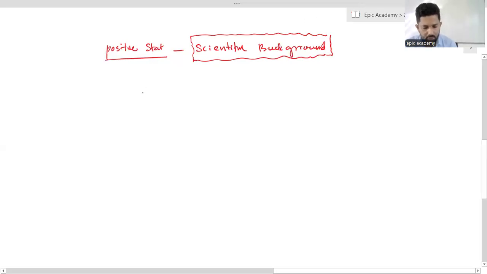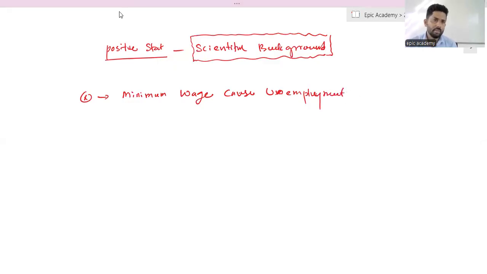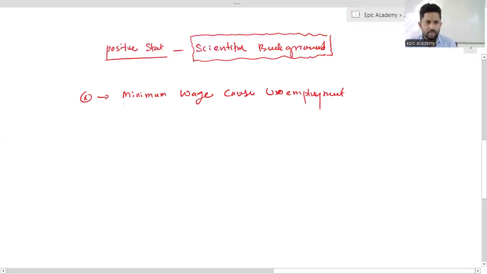As an example, just consider minimum wage causes unemployment. I will create one positive statement: minimum wage causes unemployment.